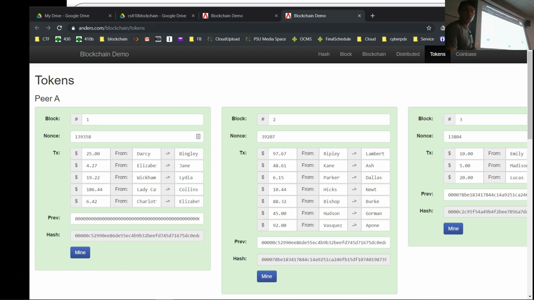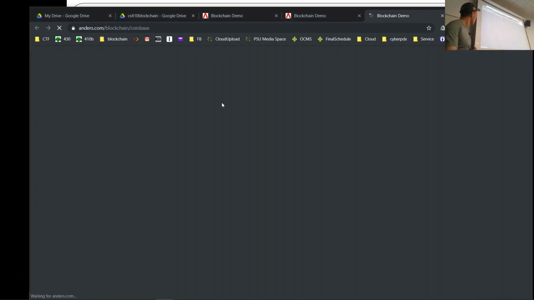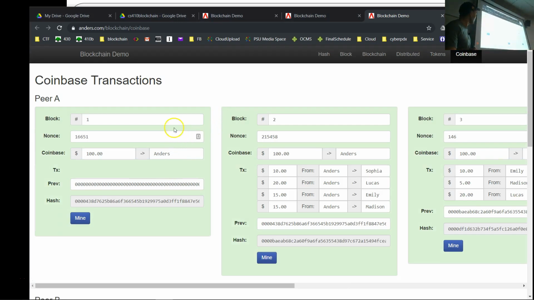A more realistic picture is here. And this is what you'll see on the Bitcoin blockchain if you follow it from block 0. You have the origin block, which is always the block that only has a Coinbase transaction. Whoever successfully mined this, and in this case Anders, the author of all of this software, says, I am awarded $100, or 50 Bitcoin if it was Bitcoin.